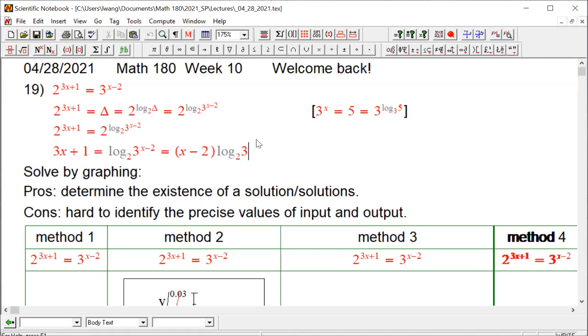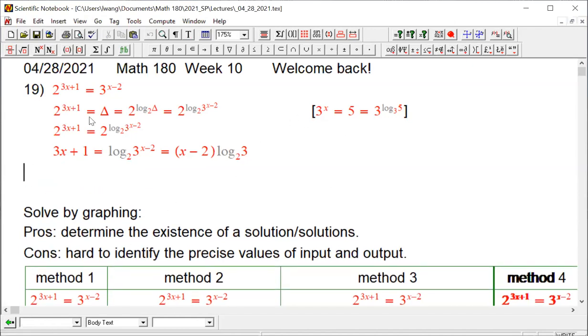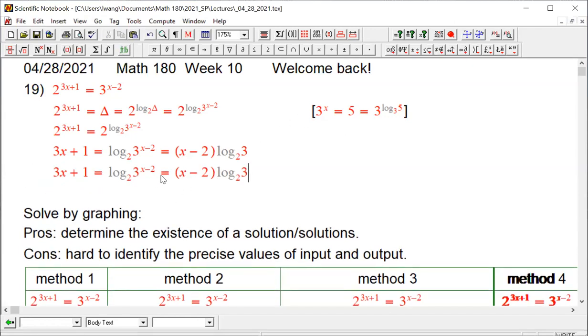So now what do you do? You have an x here and an x here. If you do straight method number 4, you also get here. It's just different ways of doing it.